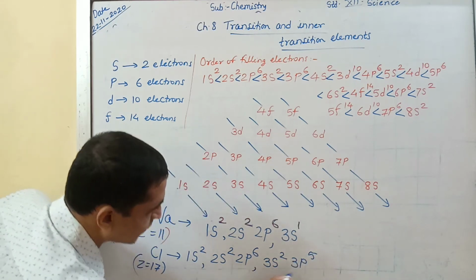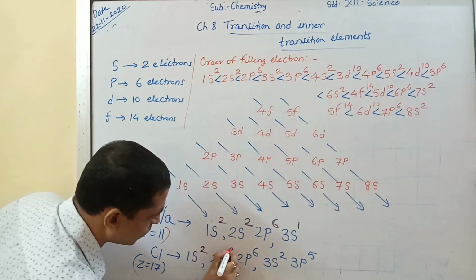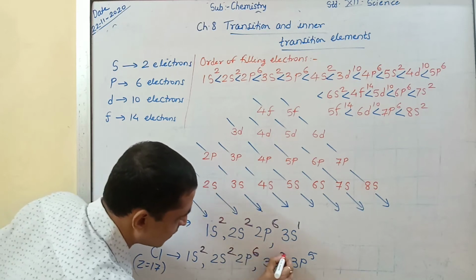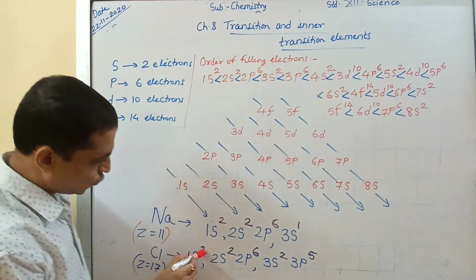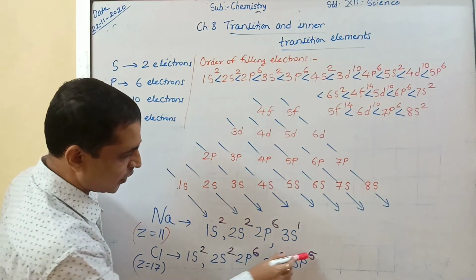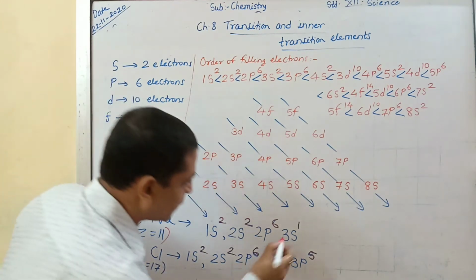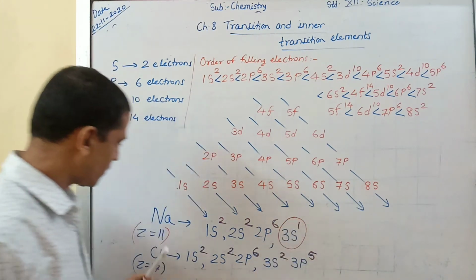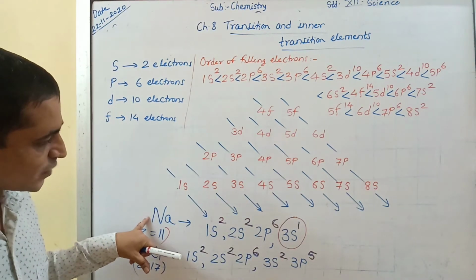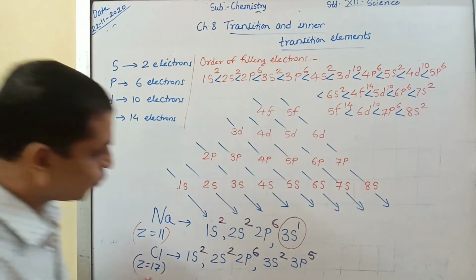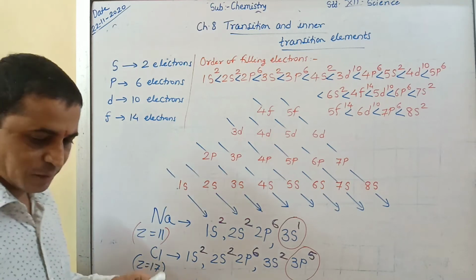Again these numbers: 2, 2, 6, 2 and 5, counting 2, 4, 10, 12 and 17. What do you understand about this? See, in sodium the last electron enters the s orbital, so sodium belongs to the s block elements. Similarly, in chlorine the last electron enters the 3p subshell, so chlorine belongs to the p block elements.